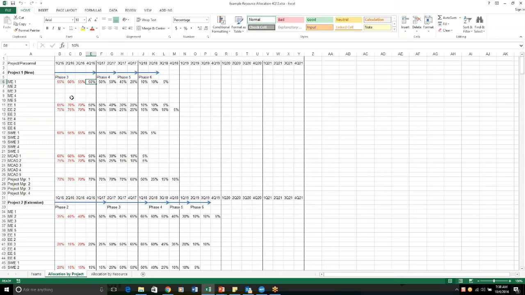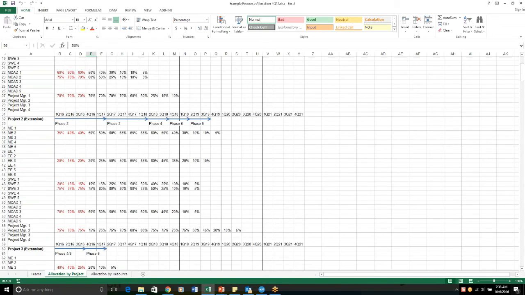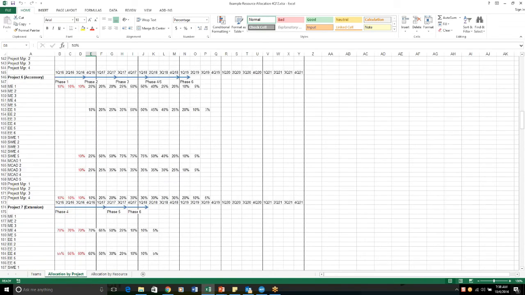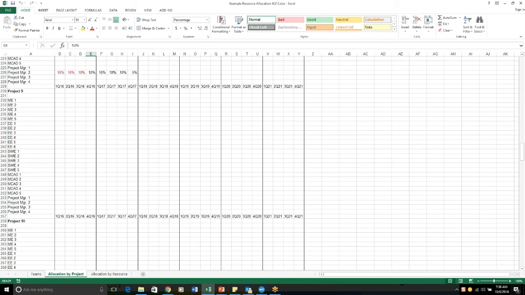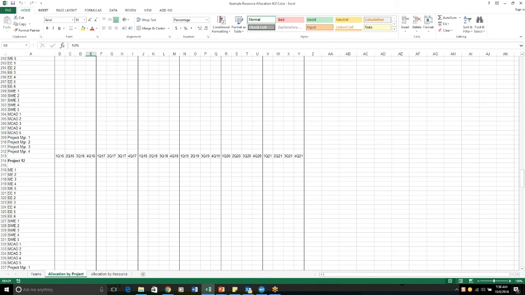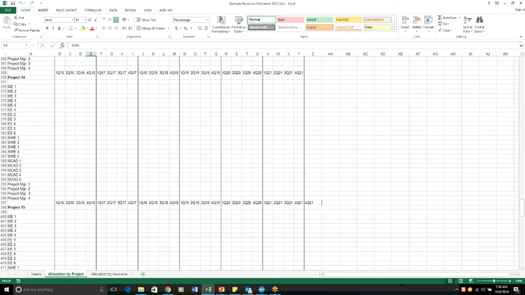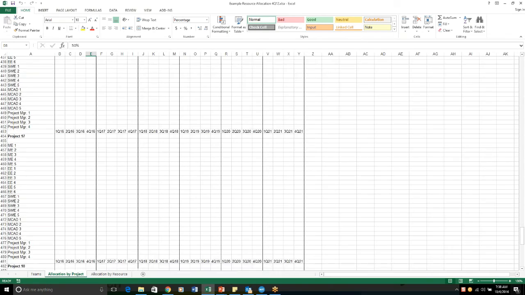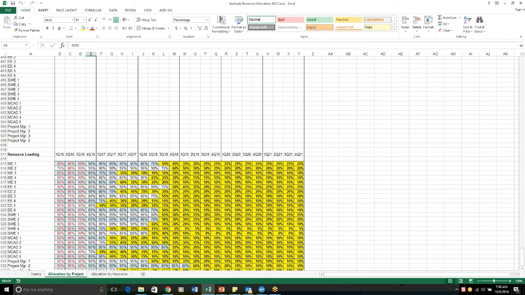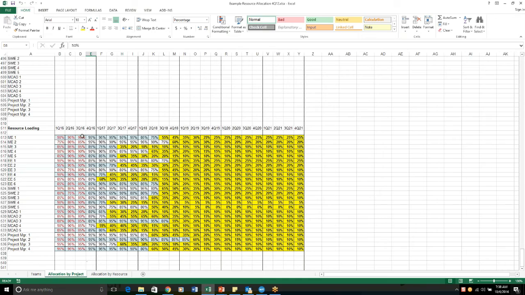So you can do this for the project on all the resources, and then if you come all the way down, you consolidate all that data, and down at the bottom you can look at individuals and consolidate the data from the projects that they're working on and get a feel for the loading on that resource.